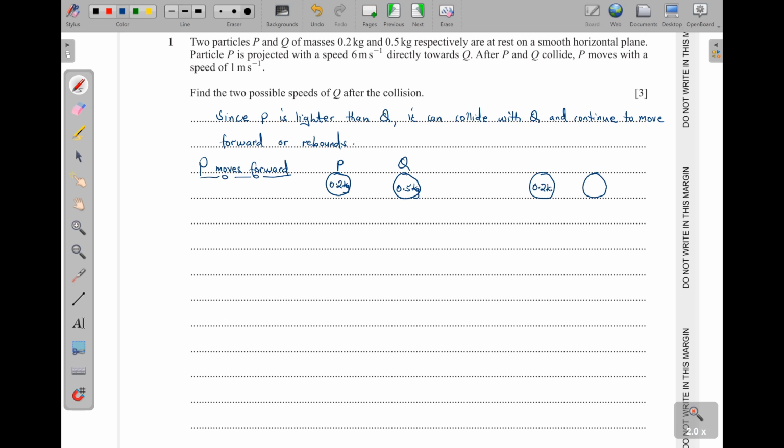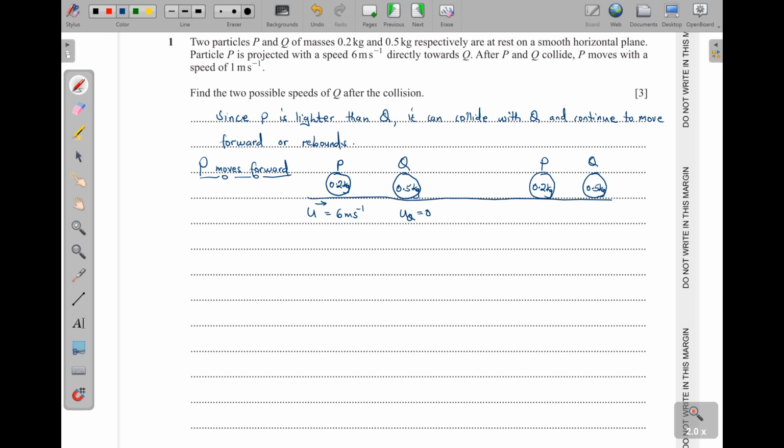U is projected towards Q at 6 meters per second, and of course the U of Q is going to be 0 because it is at rest.